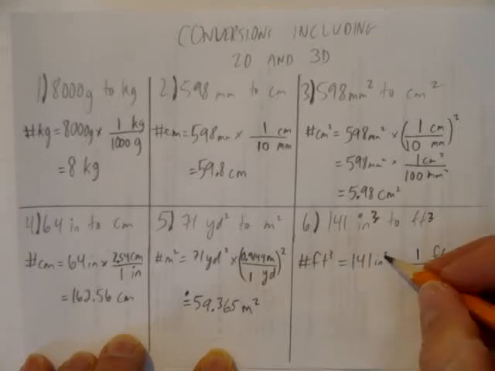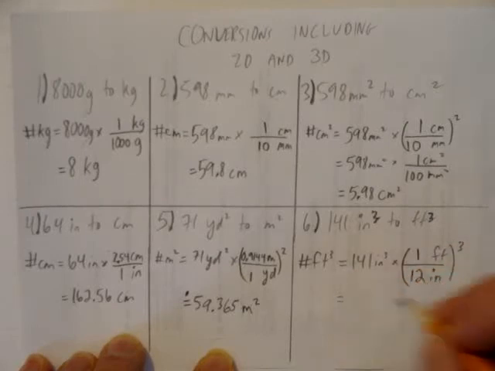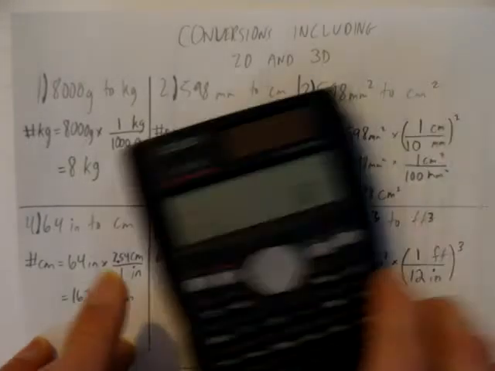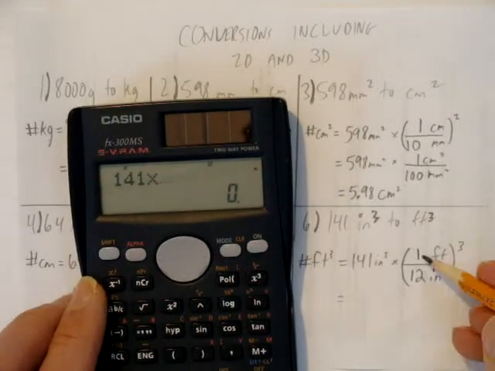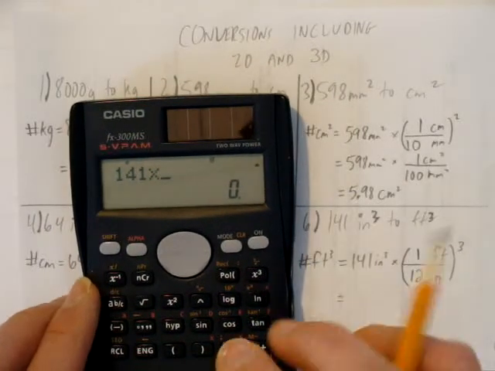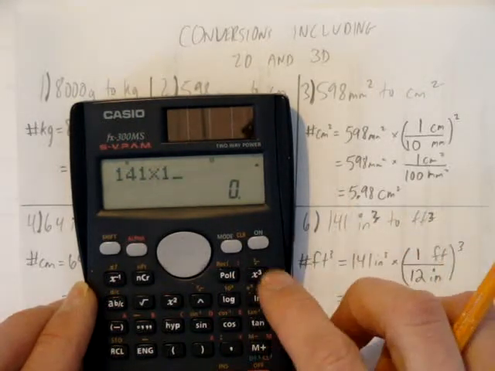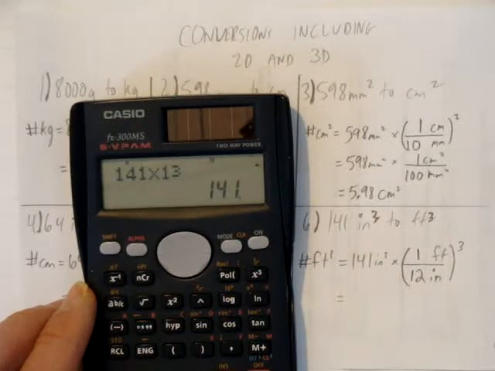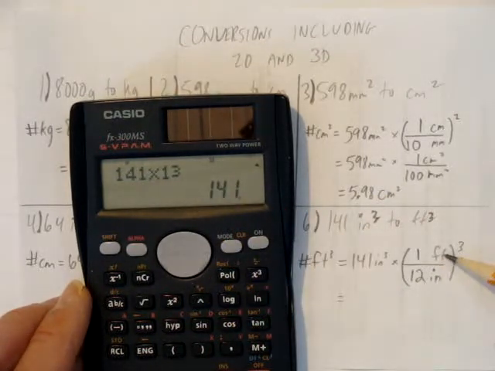But inches won't cancel out with inches cubed. We need to cube that conversion. So you get 141 inches cubed, 141 times, and you don't really need to times by 1 cubed, but we'll just see what happens, because I've been saying 1 doesn't do much. Times 1 cubed, what do you get? 141. Of course, 141 times 1 times 1 times 1 is 141.